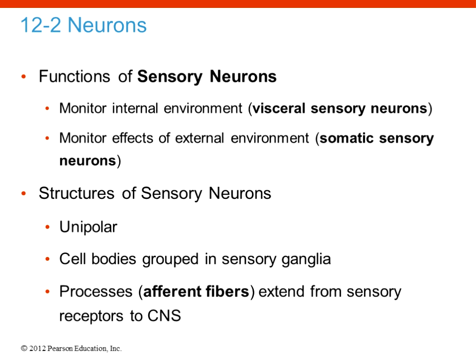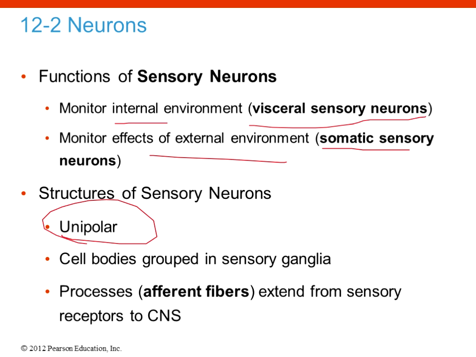All right, so sensory neurons, again, are bringing sensory information into the central nervous system. Typically, they're unipolar, and they're going to either monitor the internal environment, we call those visceral sensory neurons, or the external environment, we call those somatic sensory neurons. Ultimately, they're bringing information about the outside world or the world inside our bodies to the central nervous system from the peripheral.